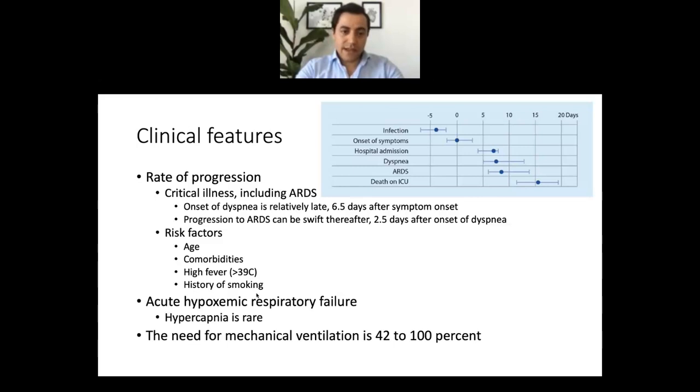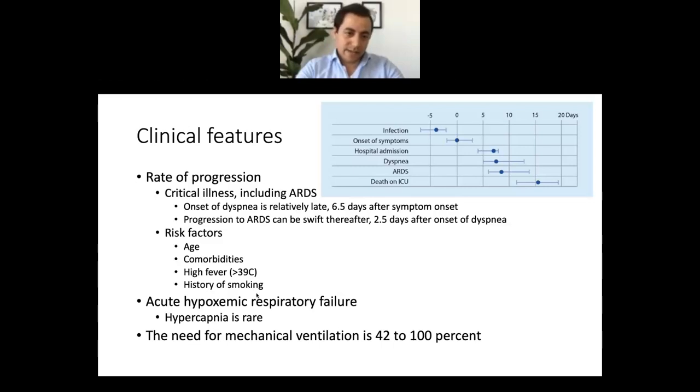Some risk factors to develop critical illness are predominantly age and comorbidities, and age above 65 to 70 is a predictor of critical illness due to COVID-19.